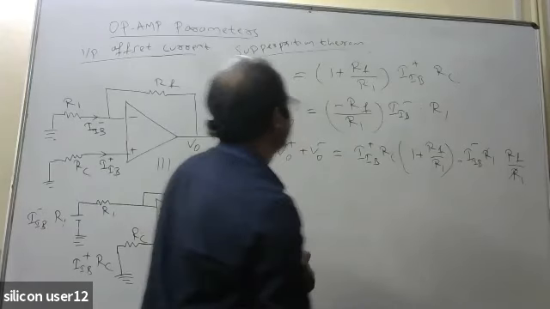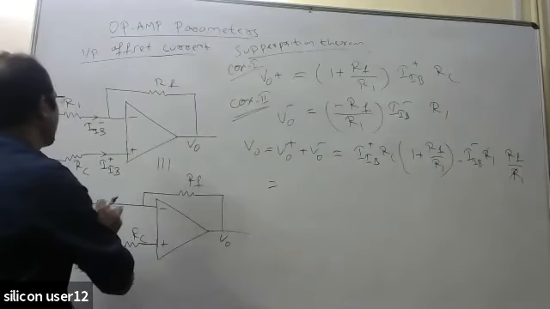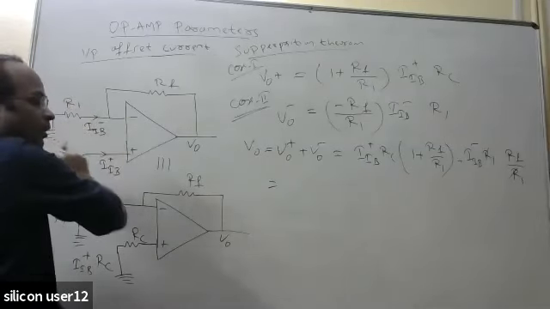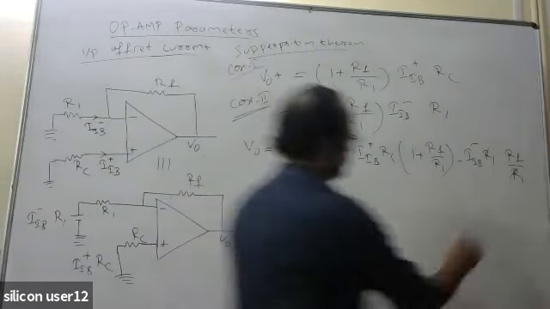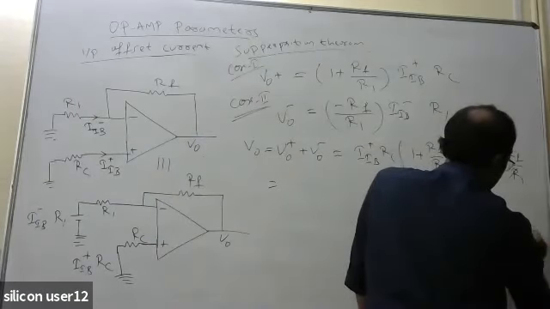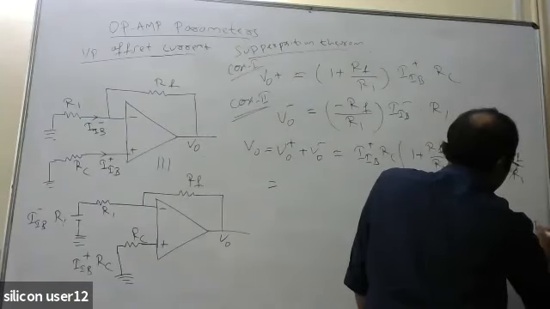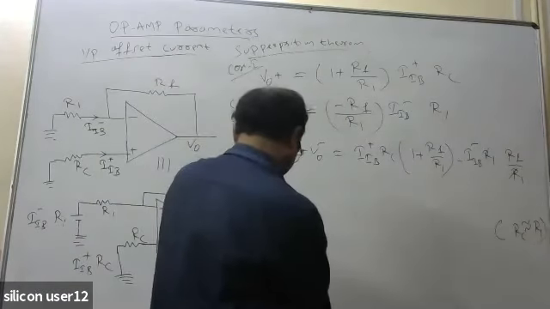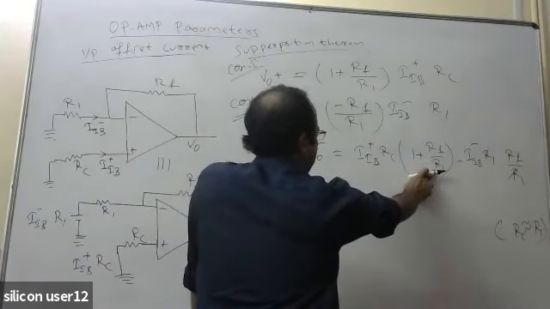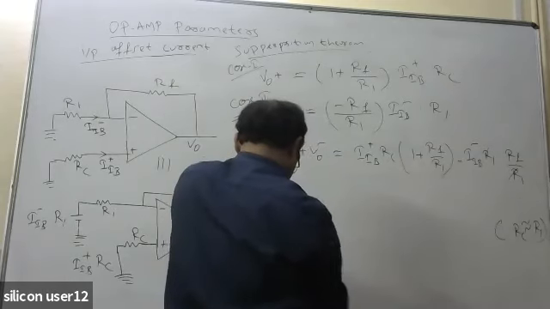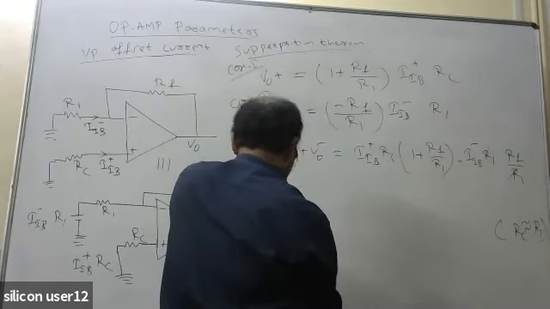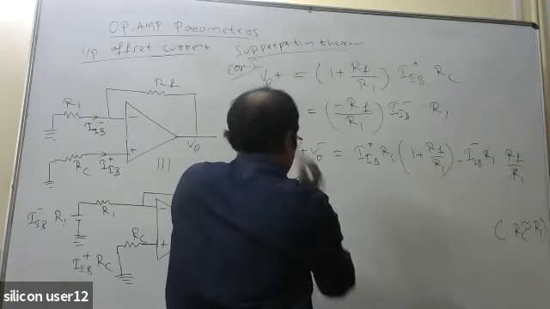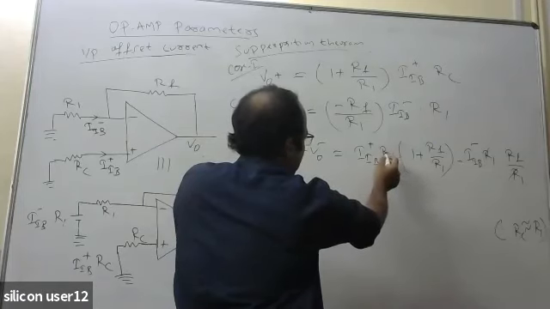One approximation is applied here: normally this RC value is taken approximately equal to R1. So applying that approximation, since RC is normally taken equal to R1, just expand it: IIB plus into, in place of this RC you can put R1.